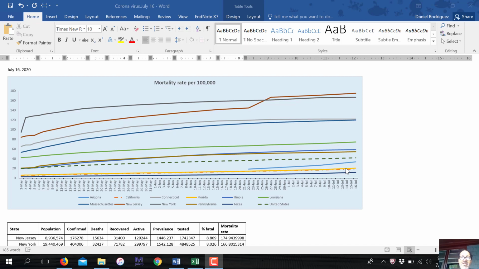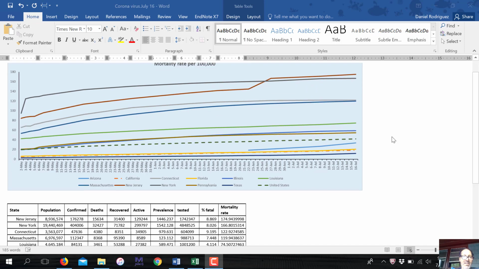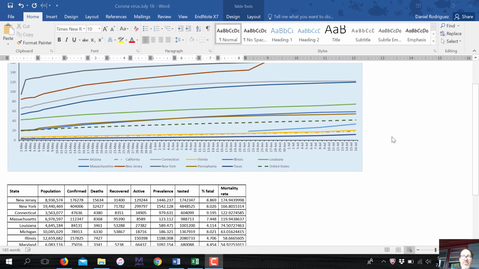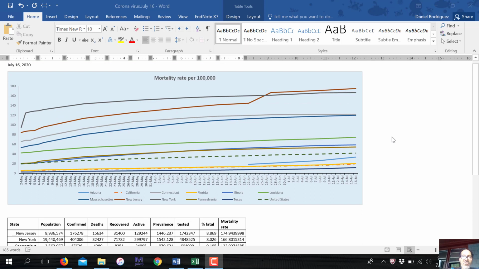This is mortality, so it's the number of deaths divided by the population multiplied by 100,000. So you get the idea of the deaths per 100,000 occurring. They're still highest in states like New York, New Jersey, Connecticut, Massachusetts, places like that. So those are still the highest levels we have.